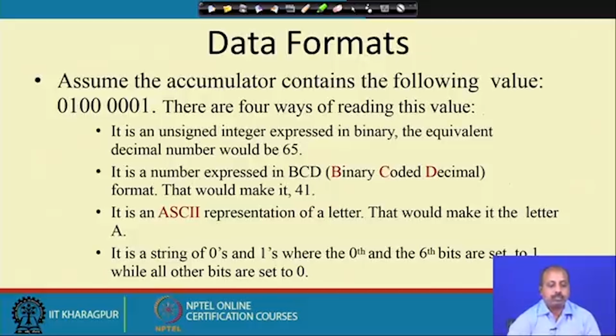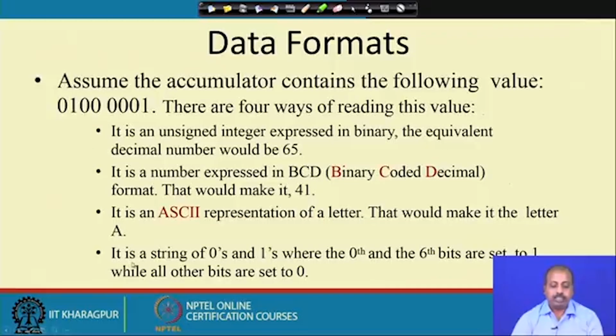So, 0 1 0 0 will make it 4 and this will make it 1. So, this 41 is the BCD number for the same bit string. And if you are looking at the ASCII code, this 65 is the ASCII code of A. So, you can also say that this accumulator is storing the character A.